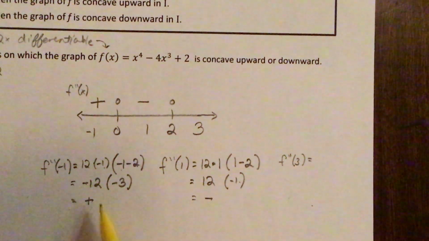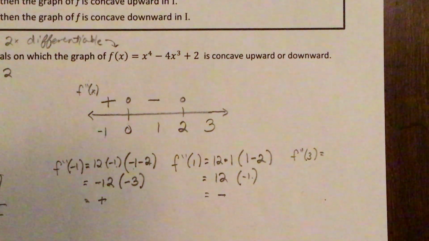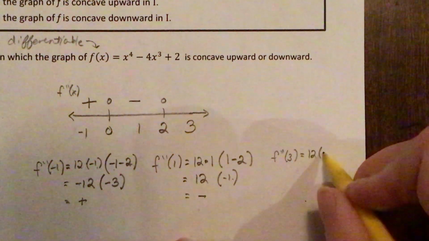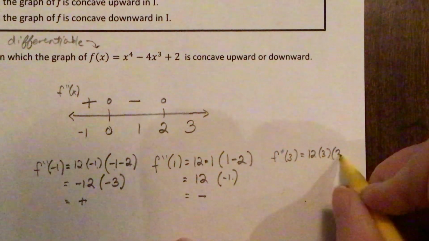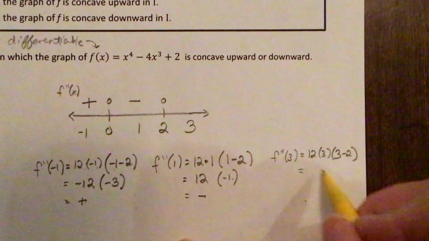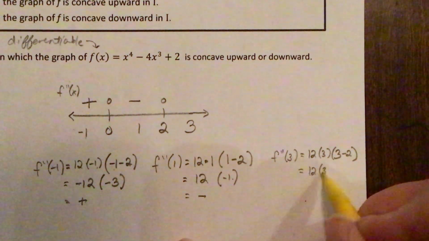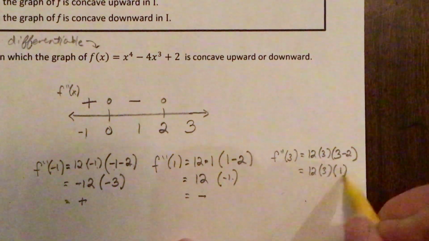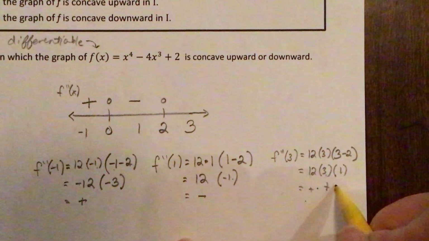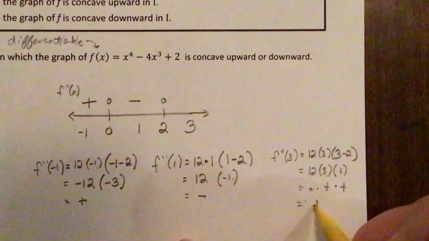And then let's do f double prime of 3. And of course, you'll get the exact same number, not just the exact same sign, by plugging it into the factored version. So we got 12 times 3 times 3 minus 2, which is 1. Positive times positive times positive is positive.